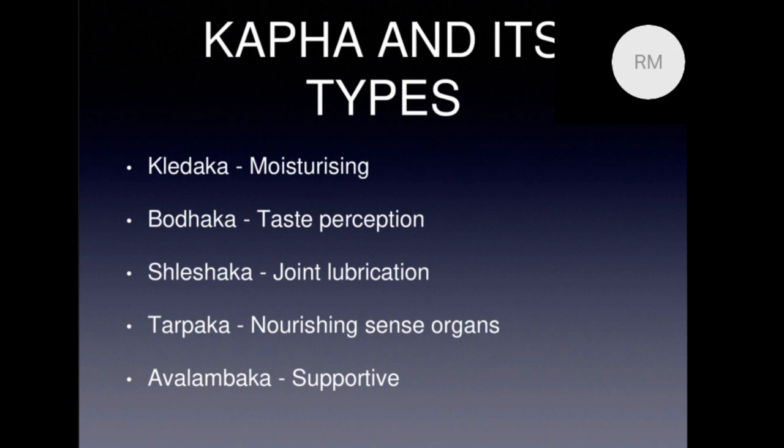And then Shleshaka, which helps in joint lubrication. And Tarpaka, which helps in nourishing sense organs. And Avalambaka, which is supportive. So we will go into a more detailed description of kapha and its 5 types.